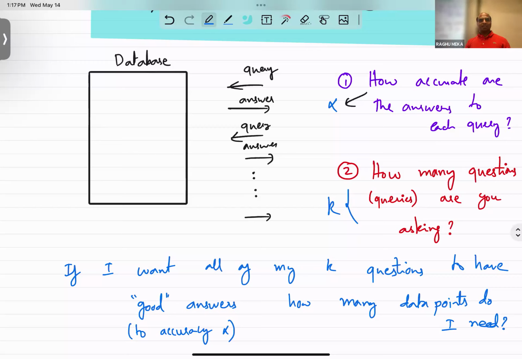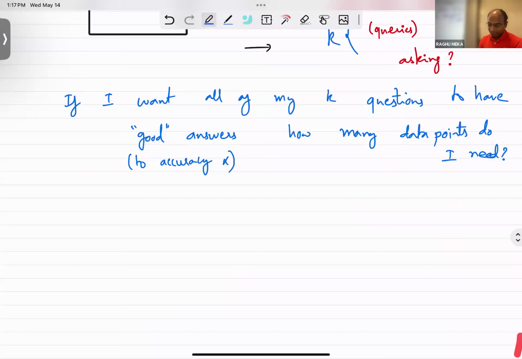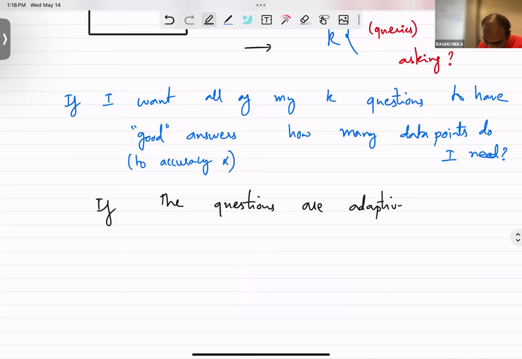I figured the size of this study, right? I drew these people, I measured something, and now I'm trying to see if something is present. I'm trying to identify some kind of p-value or any such hypothesis, right? And if the questions are adaptive, you have to be extra careful.